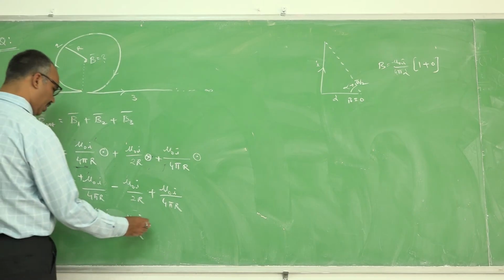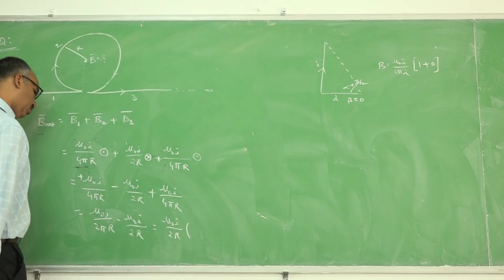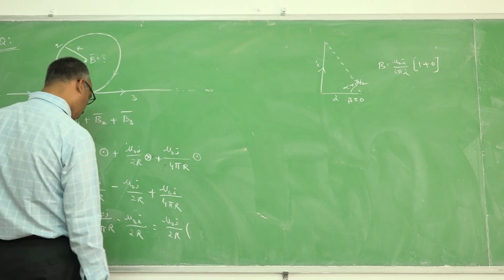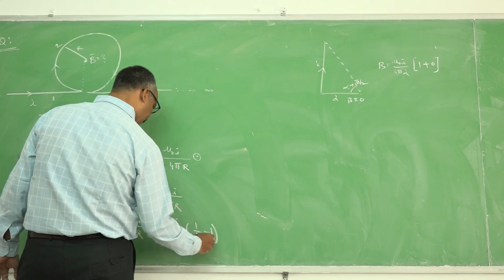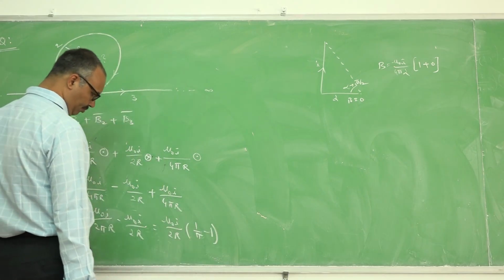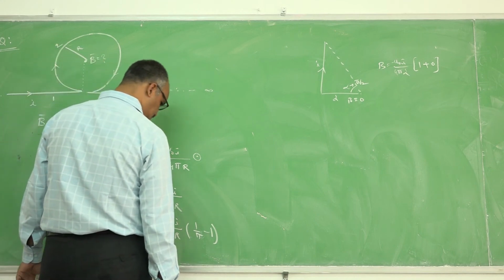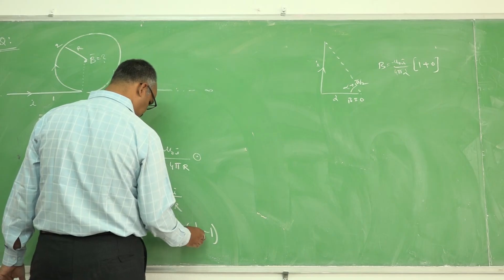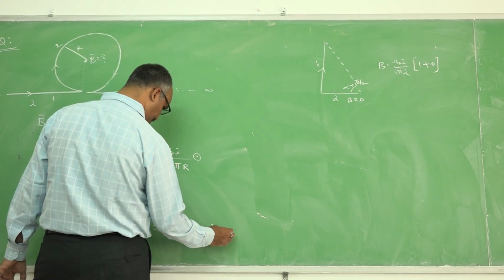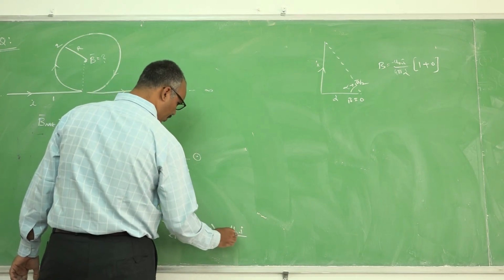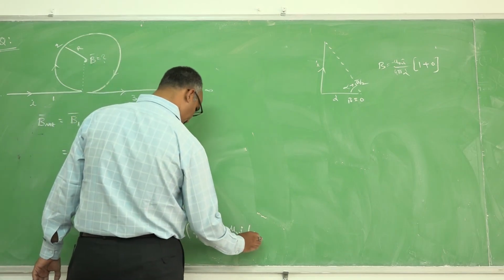What is common here? Mu naught I by 2r is common. When you take mu naught I by 2r as common, you are left with 1 by pi minus 1. Otherwise, if you take LCM, mu naught I by 2 pi r, or pi as common, 1 minus pi.